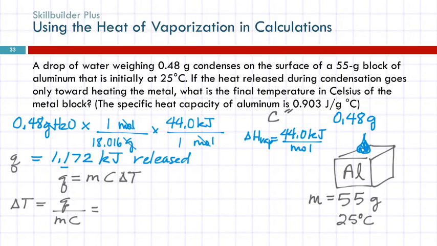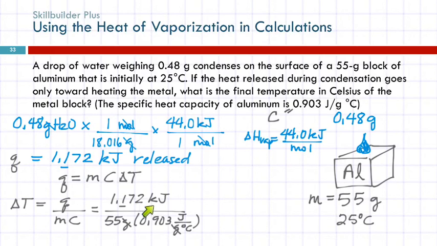So the Q is 1.172 kilojoules, M is 55 grams, and C is 0.903 joules per gram degrees Celsius. Let's check out the units. The grams cancel. Does kilojoule cancel joules? No. We need to do something.